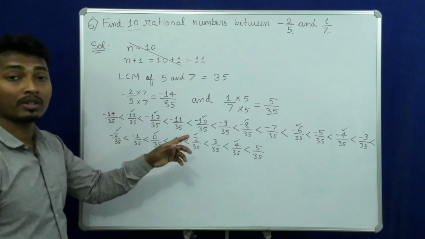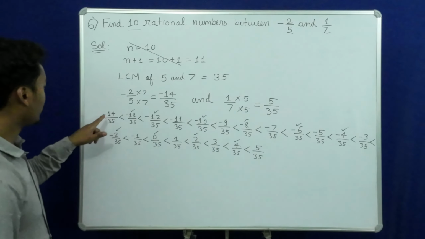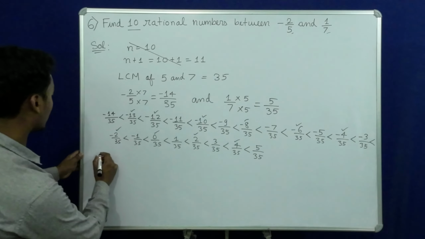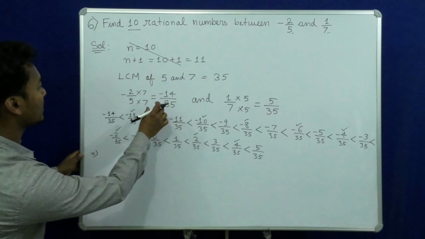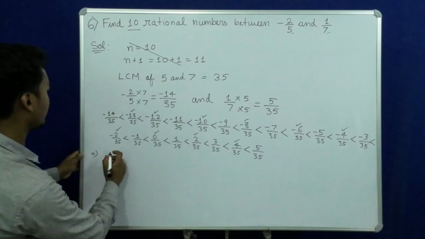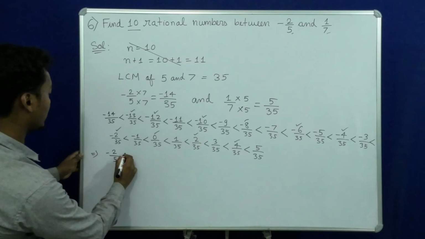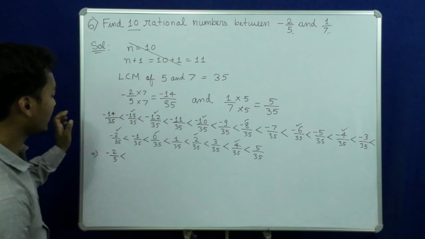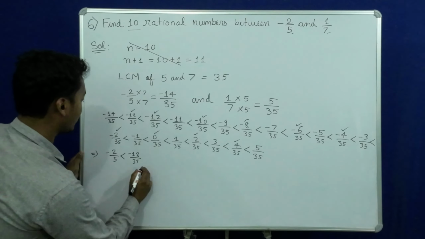Now see if they can be simplified further. Can we change them into the simplest form? Negative 14 by 35 can be written as what? Negative 2 by 5. Then less than, we are taking negative 13 by 35.